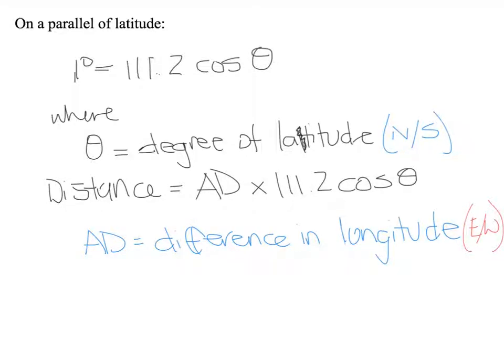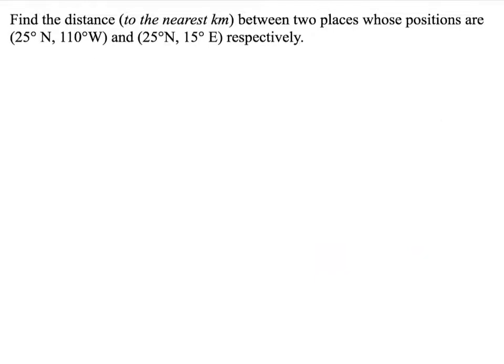All right, so let's have a look at an example. We're going to find the distance to the nearest kilometre between two places whose positions are 25 degrees north, 110 degrees west is the first position. The second place is 25 degrees north and 15 degrees east, respectively, again, in that order. So what we're going to have a look at is distance for 1 degree.